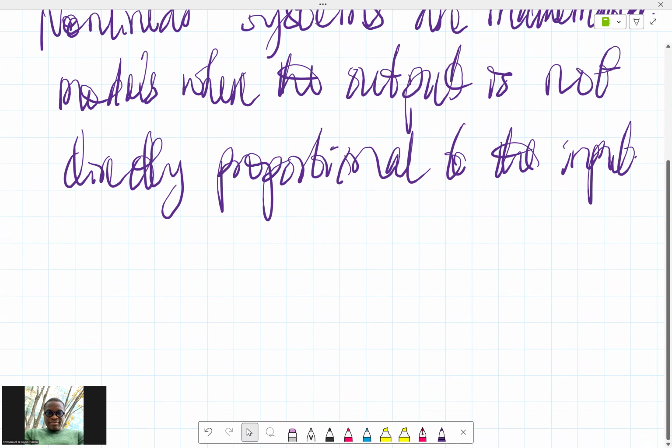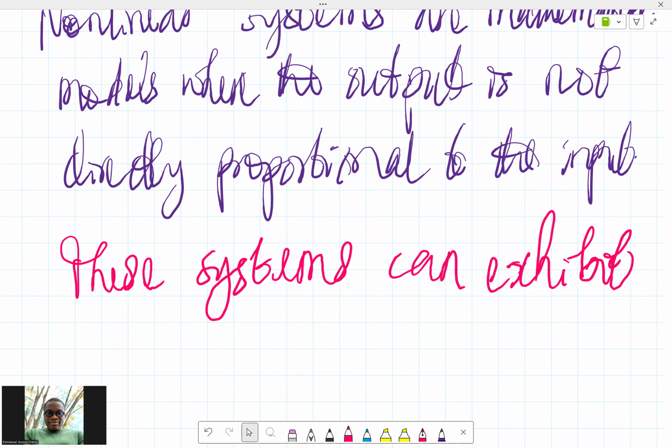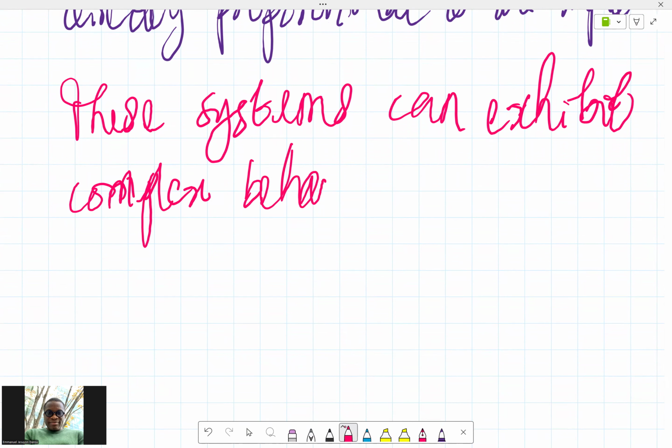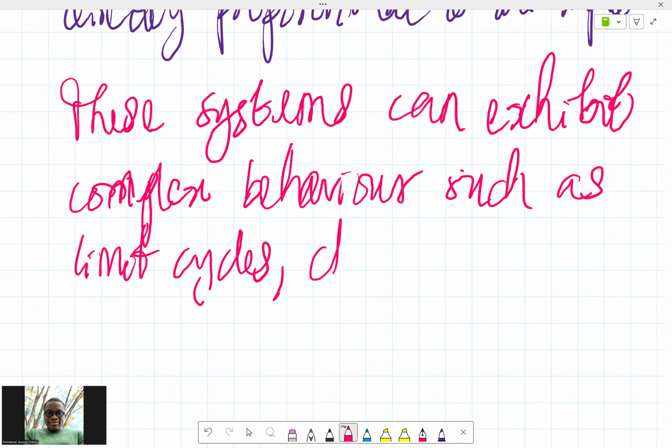Okay, so these systems can exhibit complex behavior, like the ones we referred to in the previous video, such as limit cycles. Limit cycles are also known as centers, I believe. They can also exhibit chaos. Now, the idea of chaos is coming up, and we have bifurcations.